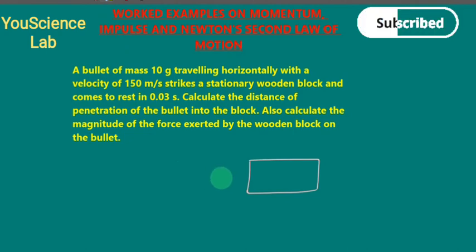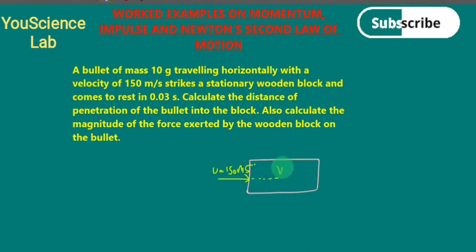And the bullet hits the wooden block at an initial speed of u equals 150 meters per second. Then the bullet moves through the block to a final velocity of 0 meters per second because it's going to come to a stop. Now that's the distance traveled. X is the distance traveled by the bullet in the block.